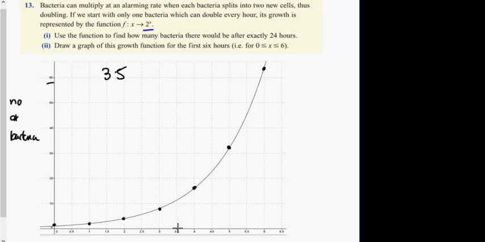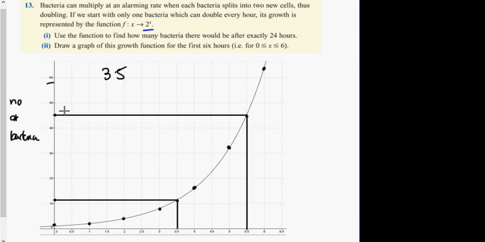You go up to 3.5, you hit the line, and you go straight across, and you get about 12 bacteria. Okay. If I ask you how much you had after 5.5 hours? You go to 5.5, you go across and up, and you get about 45. Okay. So that's how you can use this.